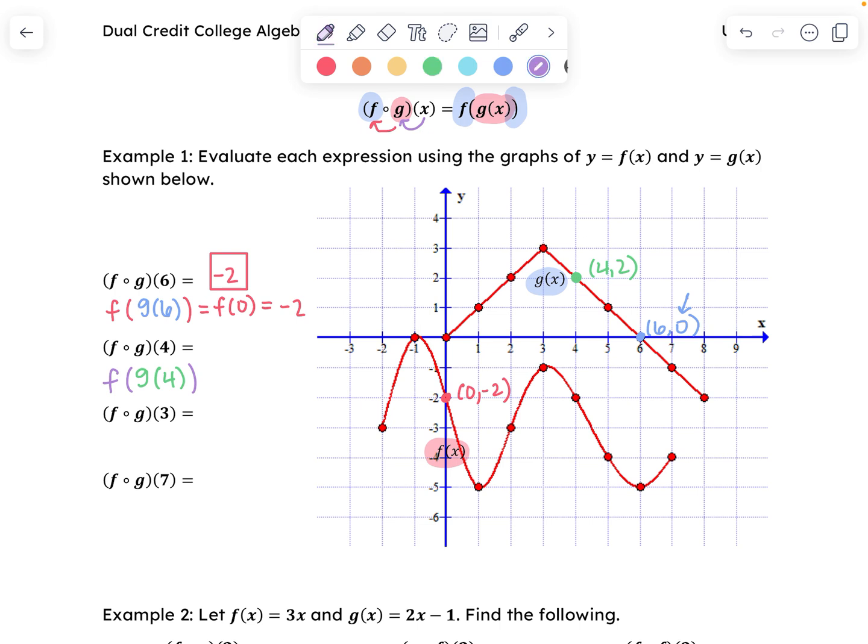So now when I'm looking for f, I take that 2, that y value, and plug it into the f of x function. f of 2 is down here. It's (2, -3). So my answer is -3.